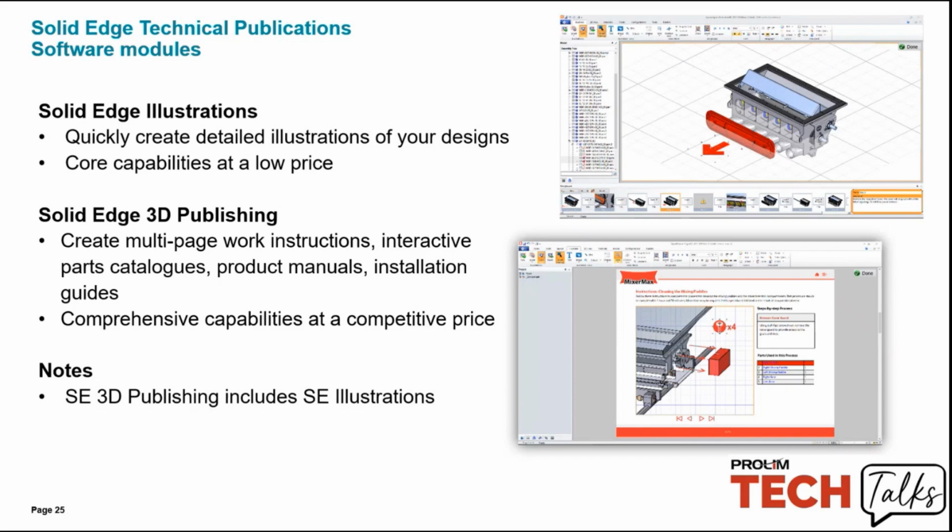The second option is the Solid Edge 3D Publications, which helps you create these very detailed work instructions, interactive parts catalogs, product manuals, etc. And just a note, if you go with the 3D publisher, that includes the Solid Edge Illustrator as well. So providing you with the best possible solution to your everyday technical documentation development and management challenges.